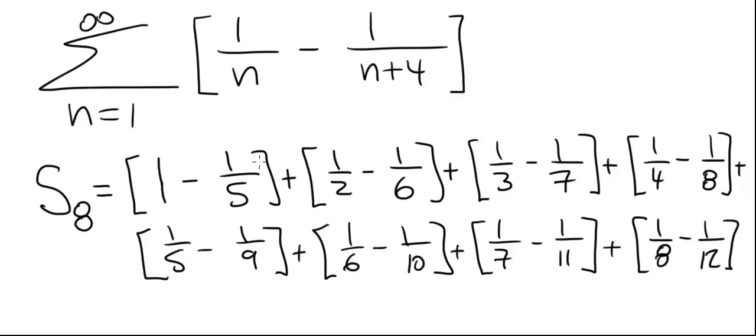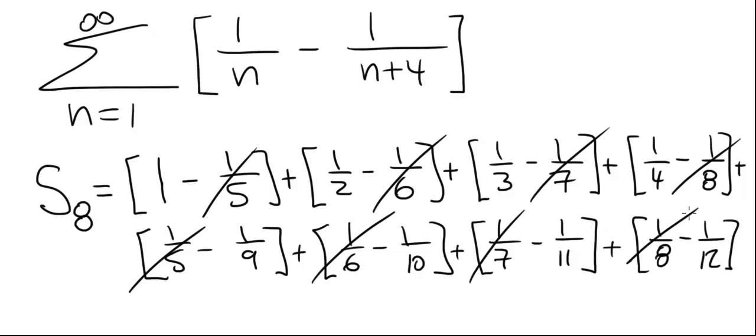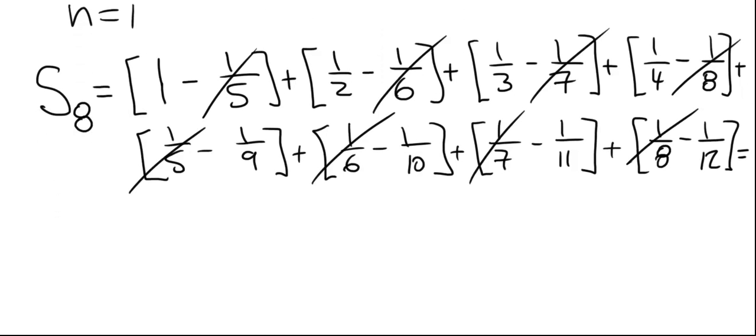And look what happens. Minus 1/5 cancels with 1/5, minus 1/6 cancels with 1/6, minus 1/7 and 1/7 cancel, minus 1/8 and 1/8 cancel.